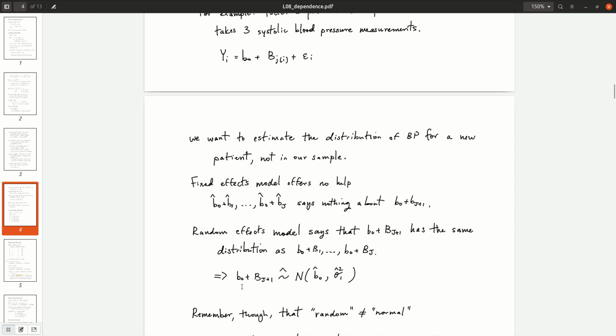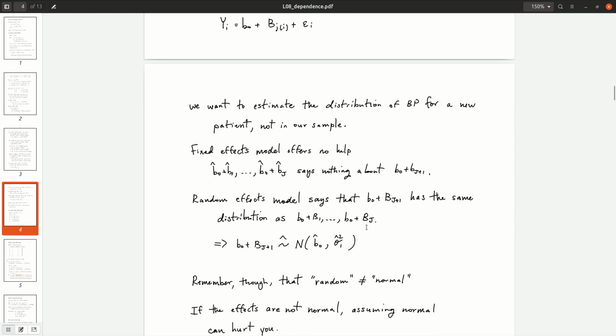So for this new patient, we can estimate the distribution of the blood pressure as normal, with the estimated mean from our sample and the estimated variance of the effects from our sample. So this model will give us an estimate for what distribution we expect the new patient's blood pressure to come from.